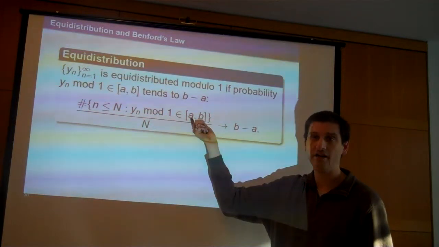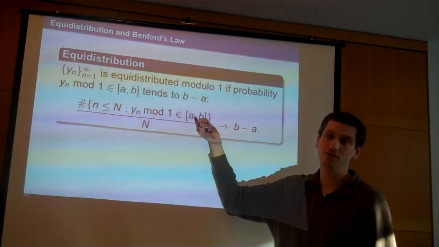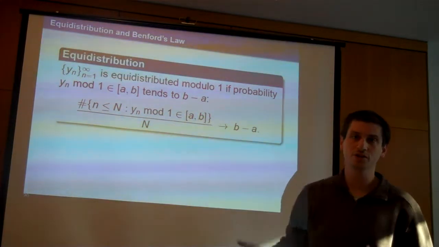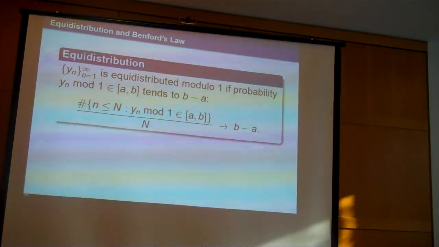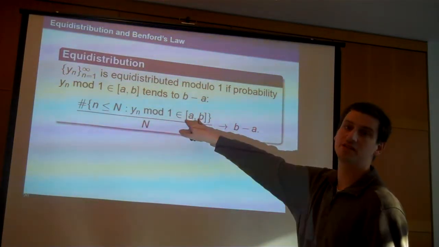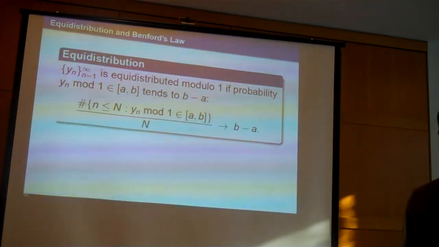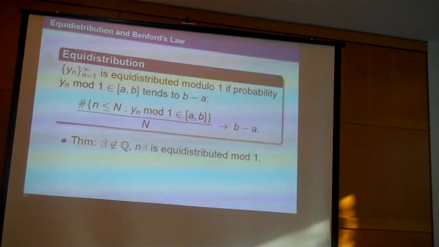This has length a half, so I fall in here half the time. If it has length 2/3, I fall in there 2/3 of the time. So this is what it means to be equidistributed. Some people say uniformly distributed, some people say it falls evenly. The chance that you're in this interval is just the length of this interval. And since this interval lives in 0, 1, the chance is always between 0 and 1.